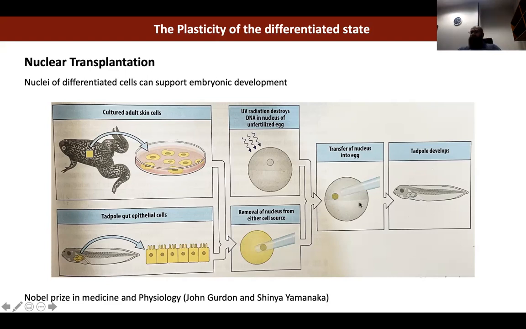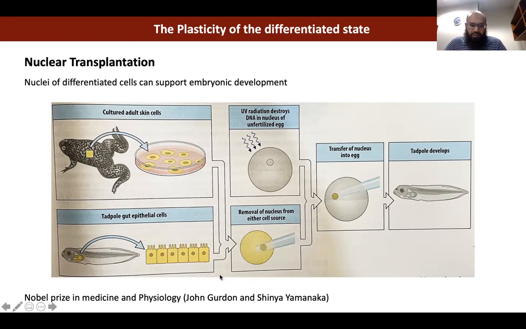So this experiment clearly demonstrates that there are factors inside the cytoplasm, most likely transcription factors, that are enough to change the differentiation state of a somatic cell nucleus and convert it into an embryonic cell nucleus, basically.